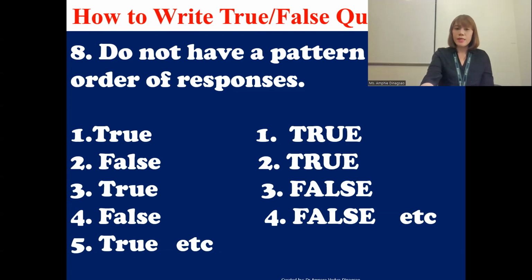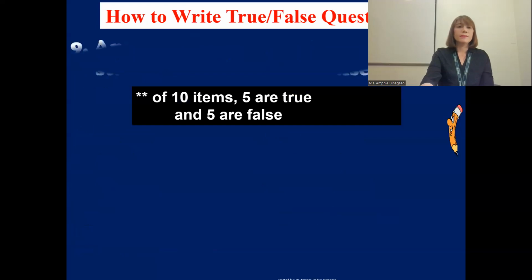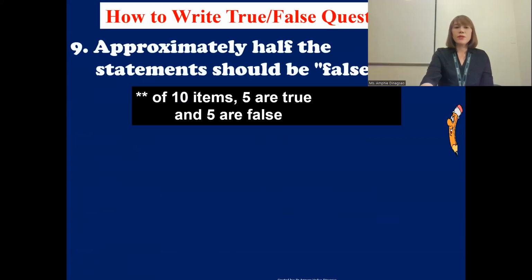But if you're using technology like Moodle or a Google form, and you click that your items will be shuffled, that would also address this issue. Also, when you have 10 items, approximately half the statements should be false and half should be true.